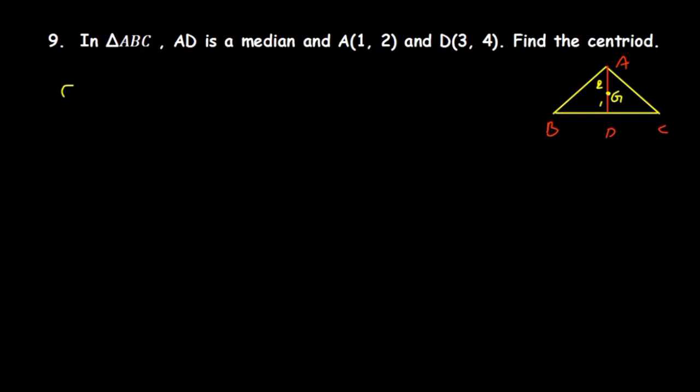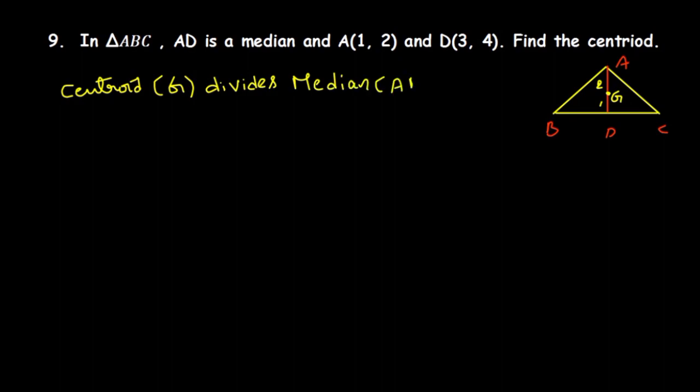Centroid we can generally denote by capital G. So the centroid divides the median, here the median is AD, in the ratio 2:1.